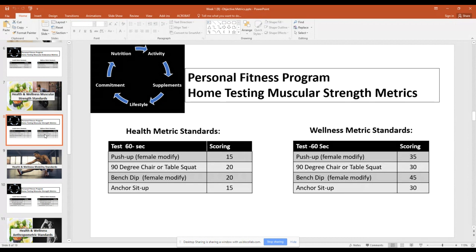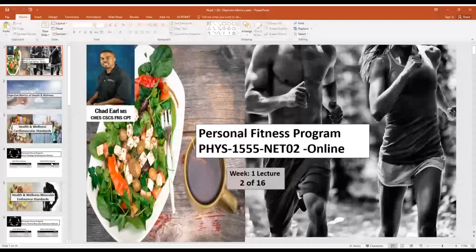However, if you're already relatively fit and your assessment dictates that you move on to the next level, we can give you a program to help increase your fitness as well. Okay? So that's why the numbers are as such, and we'll get into those actual standards in the next lecture series in week 2. But for now, these are the goals that we want to try to achieve.